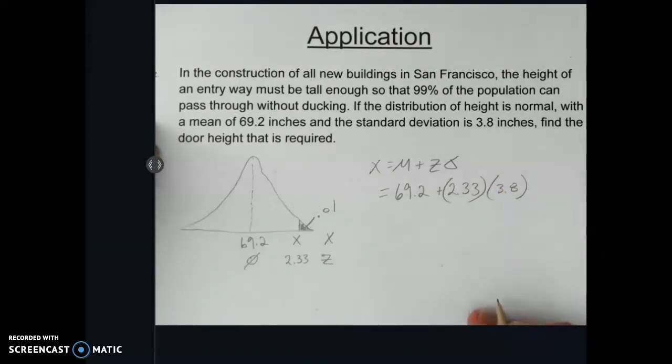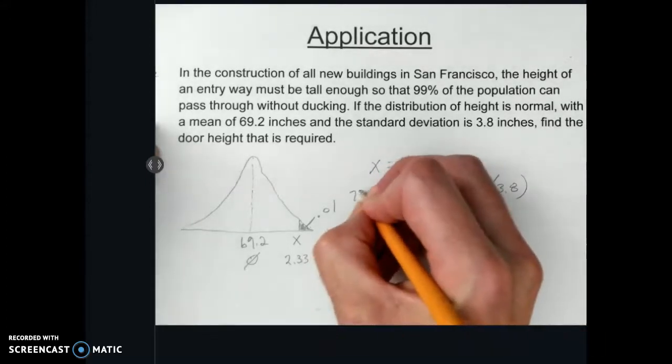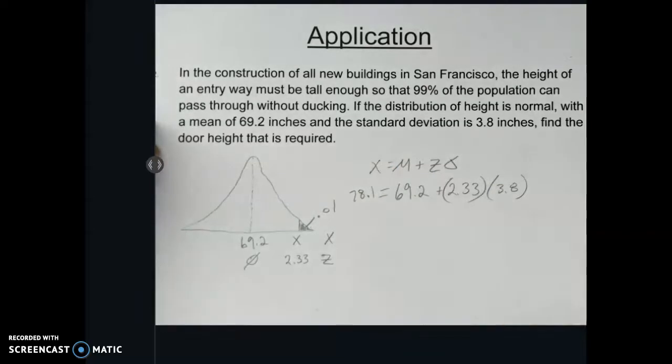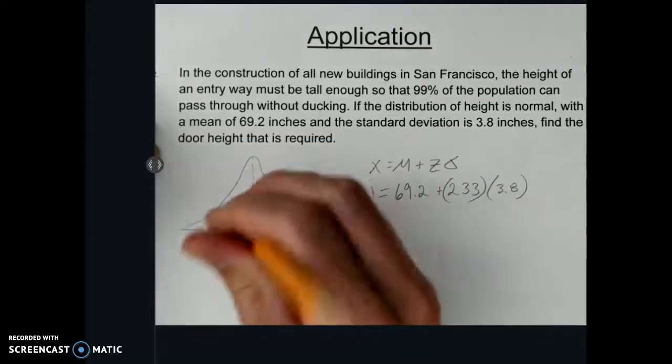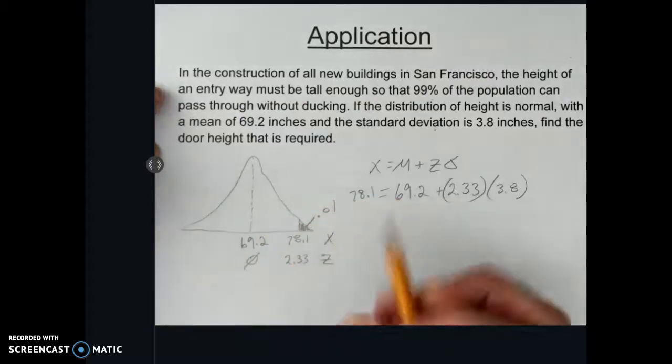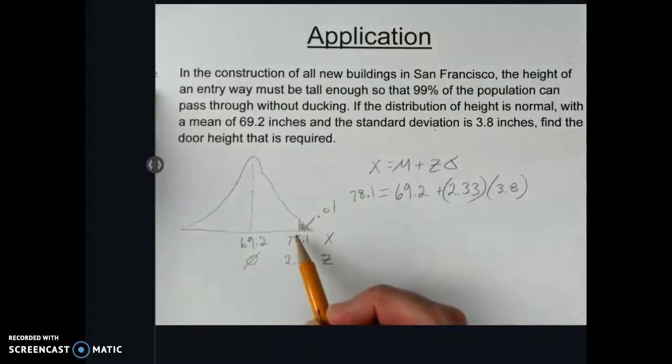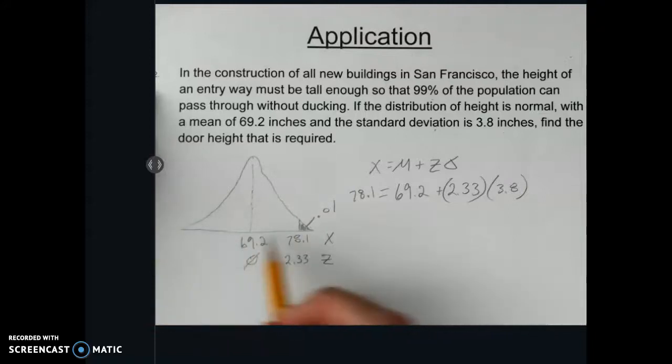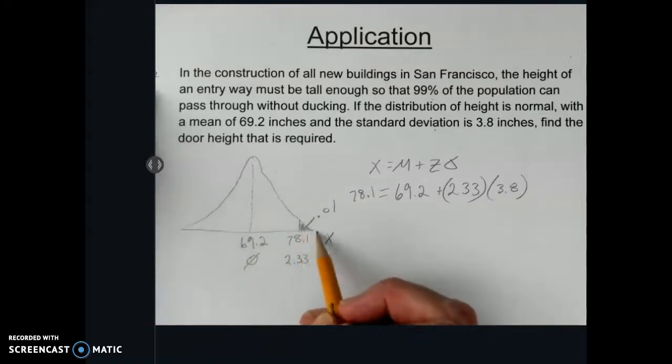If you do this correctly, you should get about 78.1. And what that means is that the door height should be constructed to a 78.1 inch height. That ensures that 99% of people would be able to get through, leaving only 1% that would have to duck.